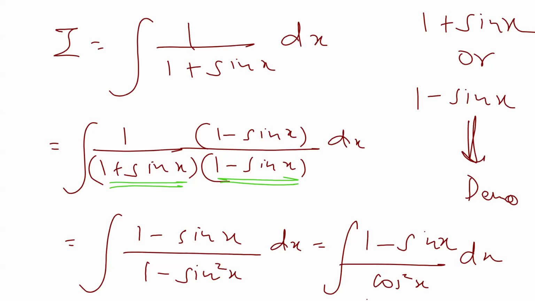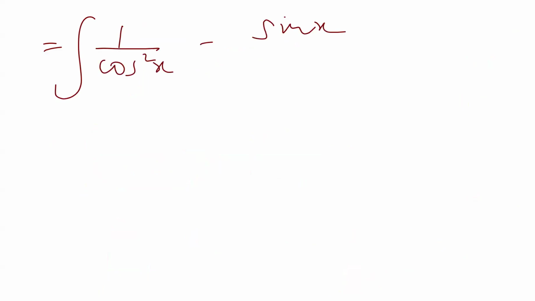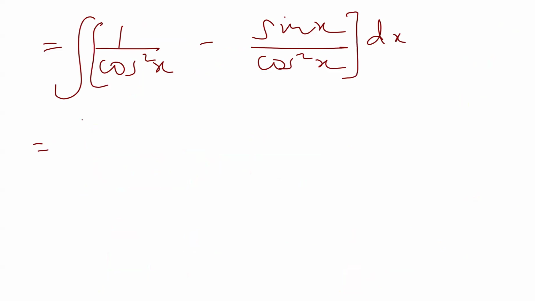Now I'm going to split this into two parts: 1 upon cos square x minus sin x upon cos square x dx. 1 upon cos square x is sec square x.